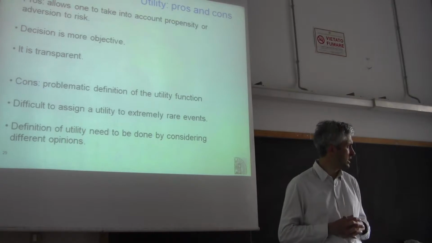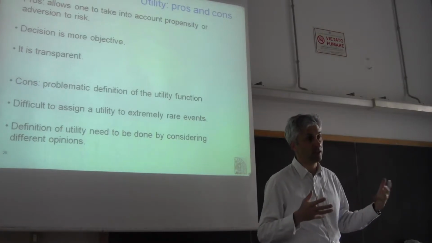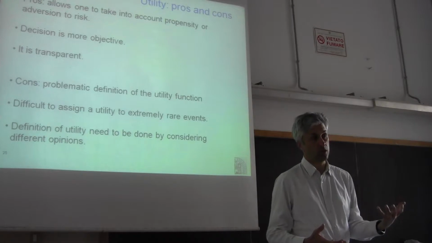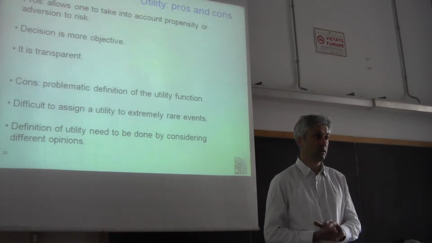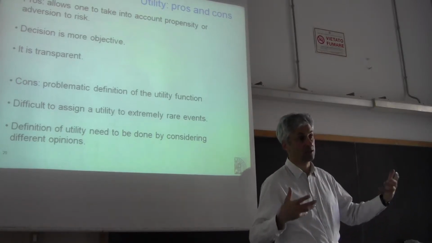And this is why people that do extreme sporting activities need to be trained, because when you experience extreme situations, you need to be guided in this, because otherwise it's difficult for you to understand what is the associated risk.